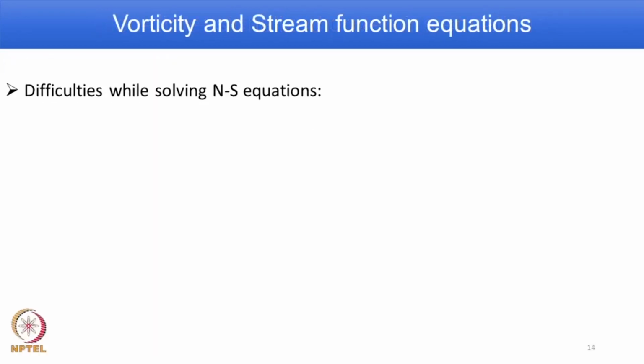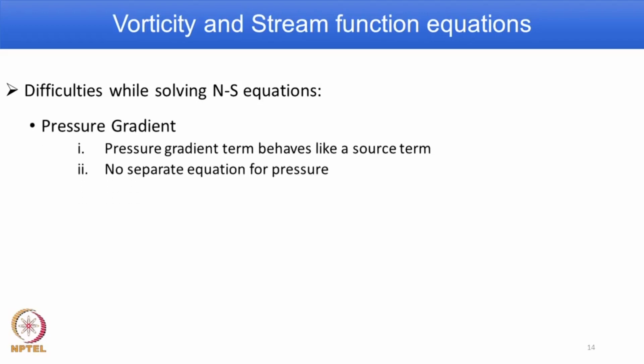We go to the next important topic, what is known as the vorticity stream function equation. There are certain difficulties while solving the Navier-Stokes equation. One is the pressure gradient. The pressure gradient terms ∂p/∂x, ∂p/∂y and ∂p/∂z appear on the right hand side, and behave like a source term.